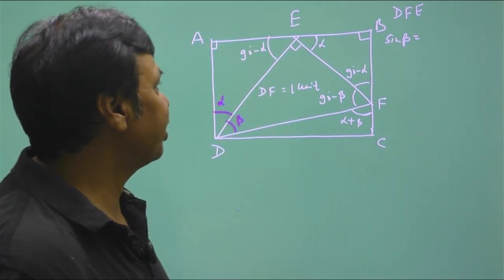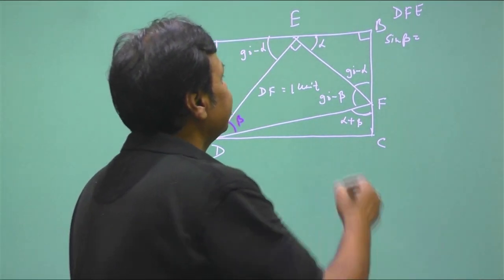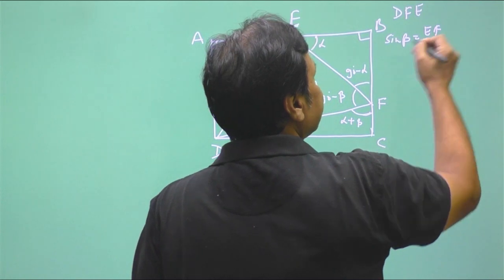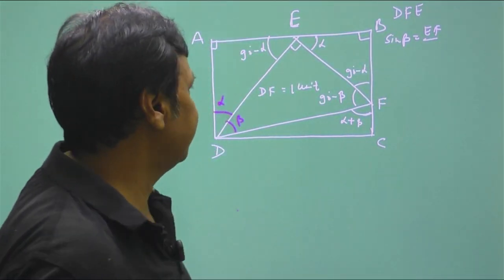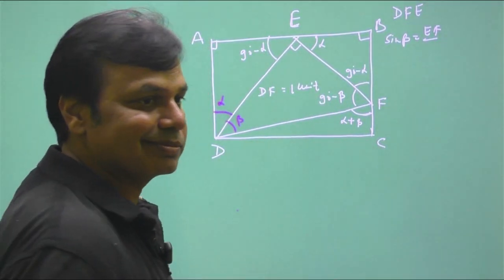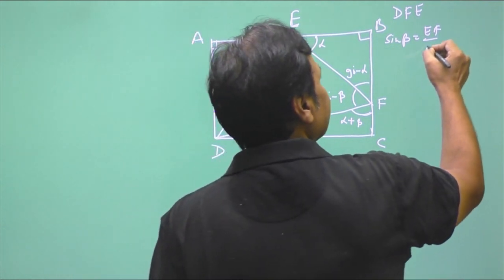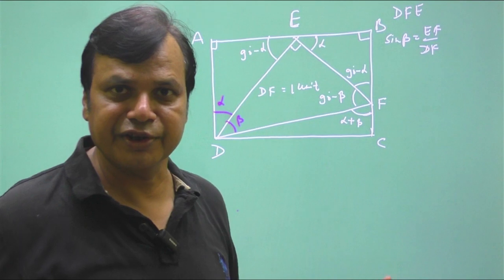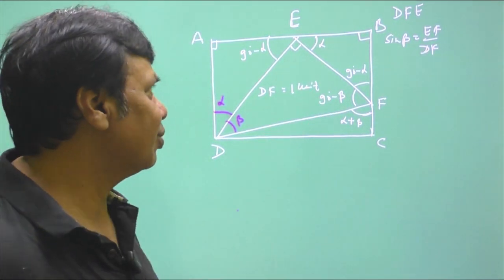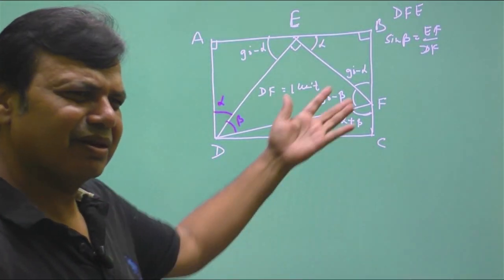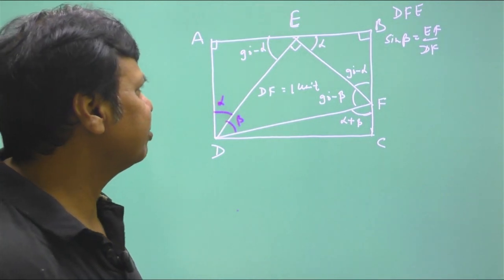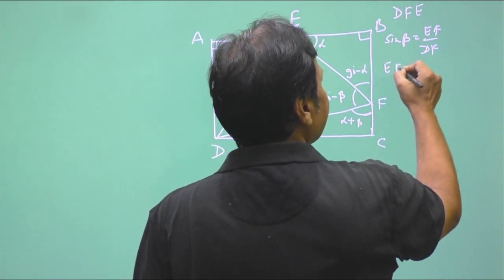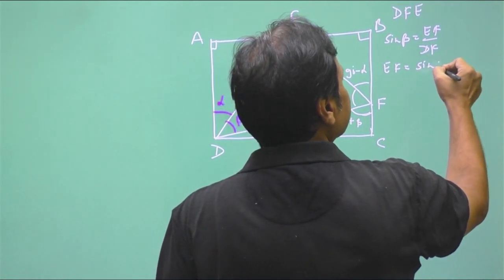So, sine beta becomes EF upon hypotenuse, which is DF. DF is 1. We'll not write DF again and again. DF equals 1. So, EF is equal to sine beta.